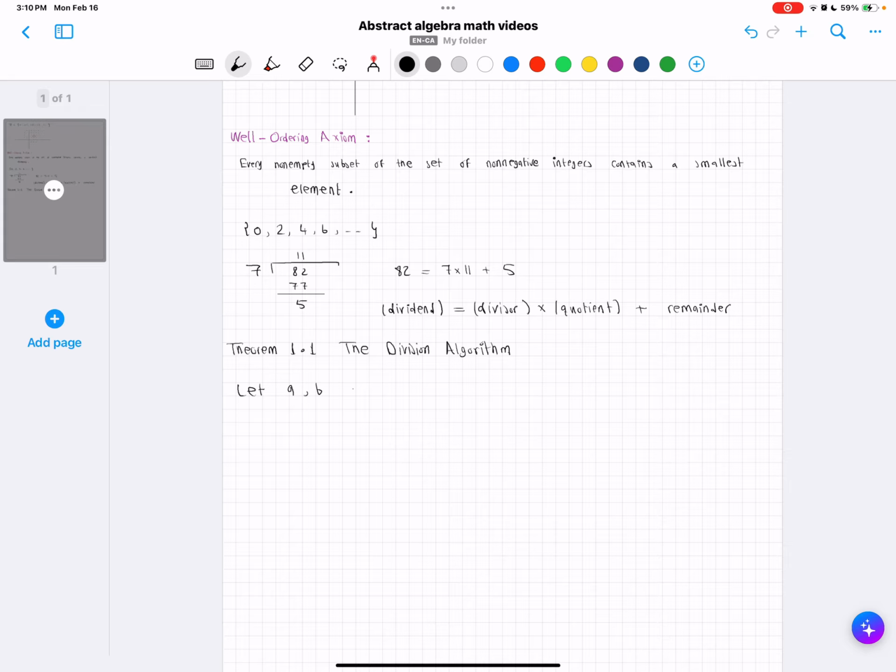Let a and b be integers with b greater than 0.